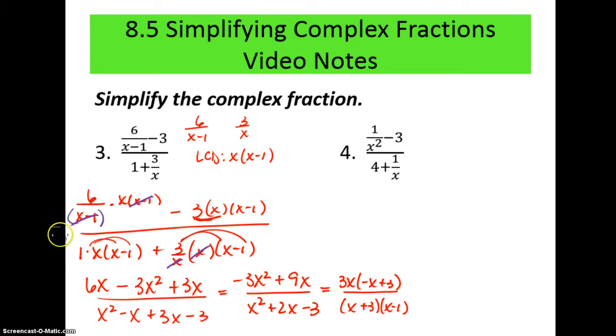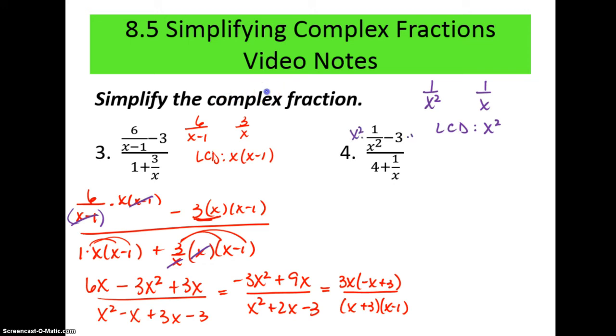So let's try one more time to make sure that we're good. Number 4, again my smaller fractions are 1 over x squared and 1 over x, which means my LCD would be x squared. That means I multiply every term times x squared. As you get better, you can start doing this.